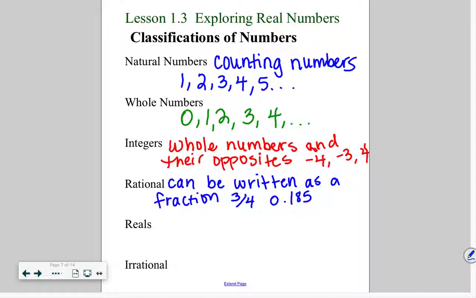Can we also have negative fractions in there? Sure, it could be. So rational numbers means it can be written as a fraction.